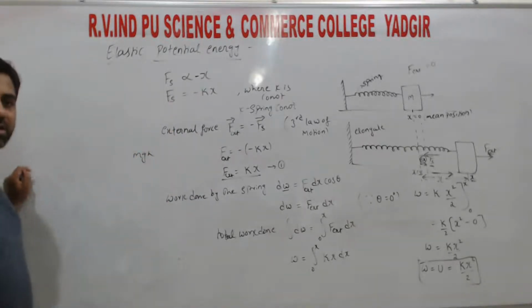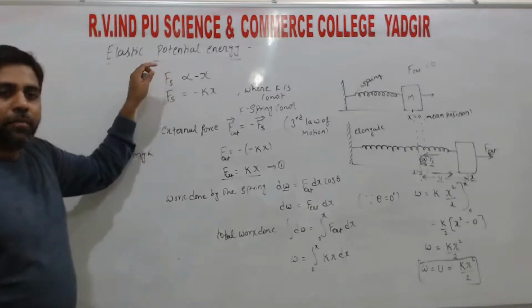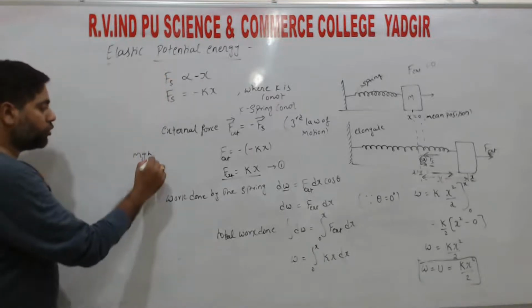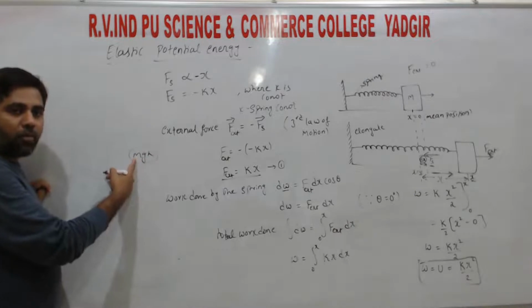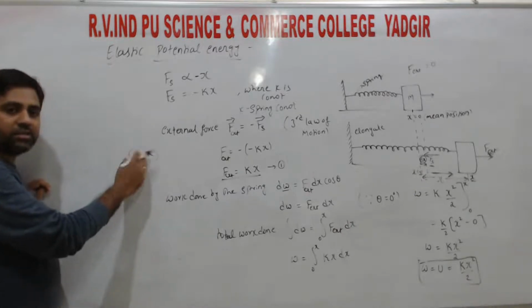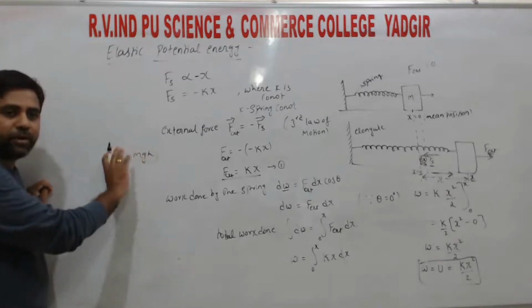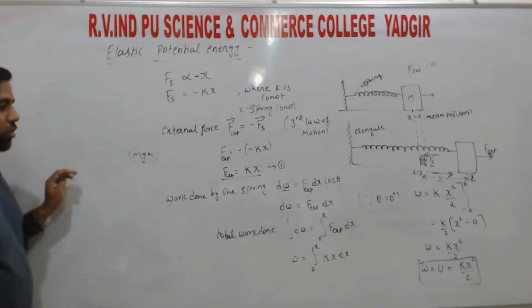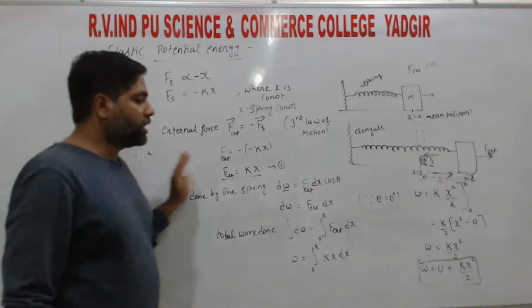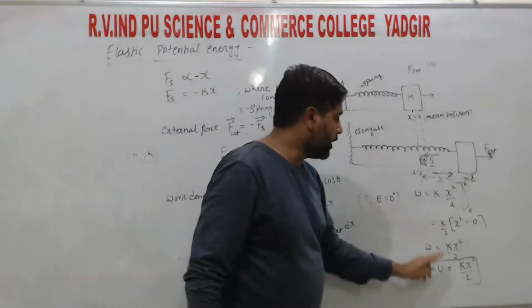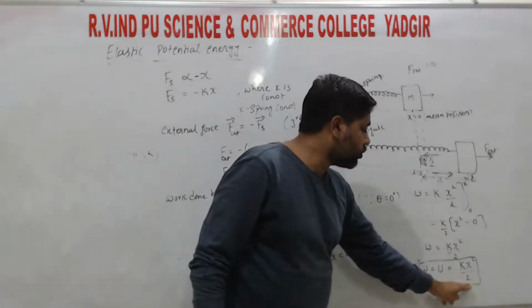In other cases, we have different relations for potential energy. Up to now you studied only this formula, so as soon as you hear potential energy you should not substitute mgh and simplify, and keep in mind that potential energy is not only mgh. So the potential energy in the case of a spring has the relation kx square by 2.